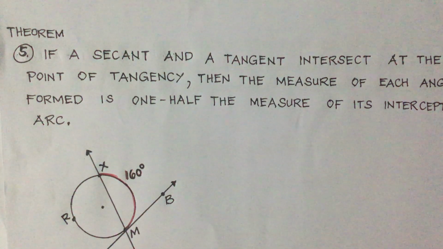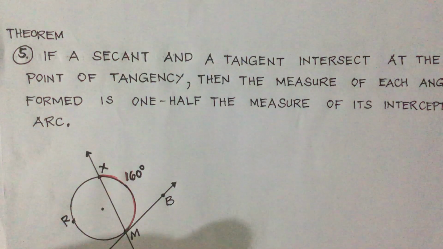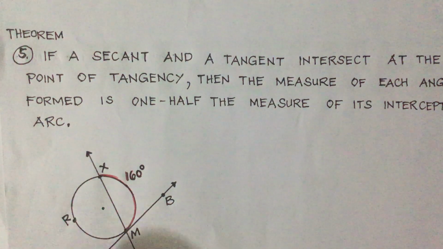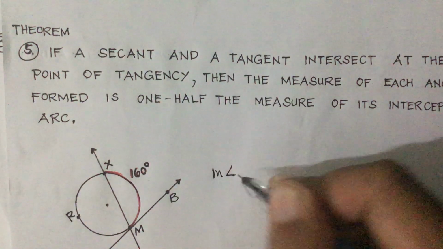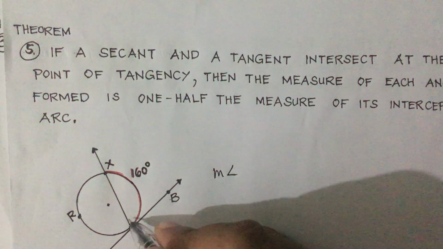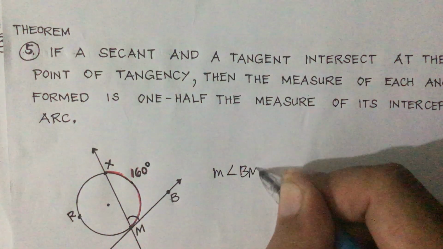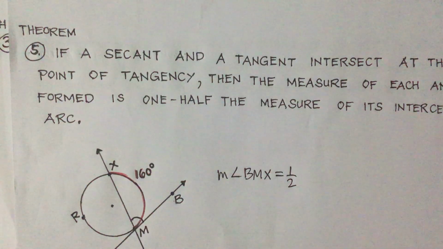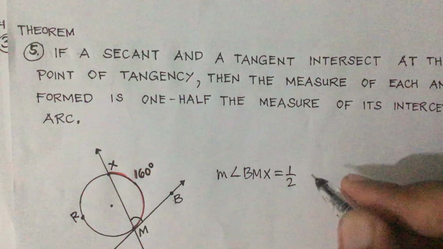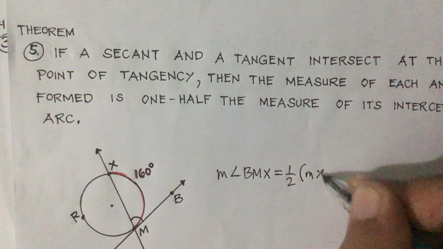So we are going to get the arc by dividing it by 1/2 of the intercepted arc. So measure of angle BMX, so this angle, is equal to 1/2 the measure of the intercepted arc. So kining arc XM, measure of arc XM.